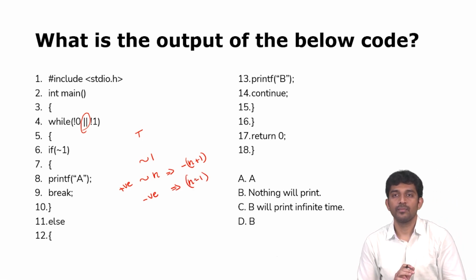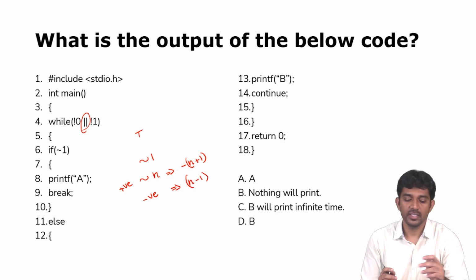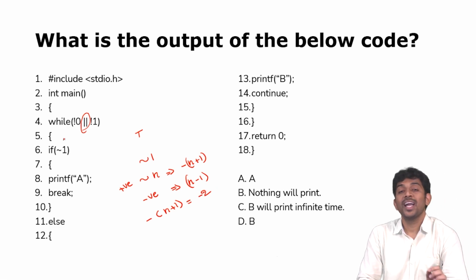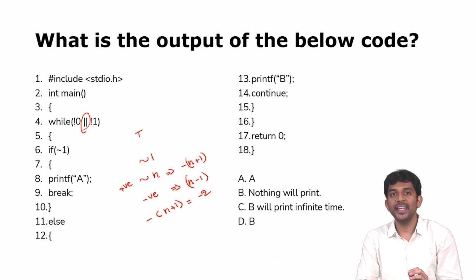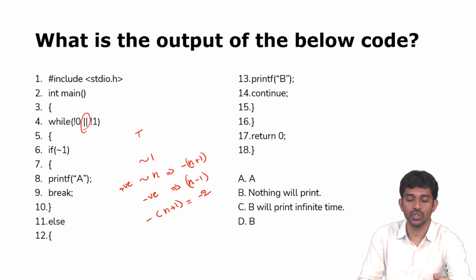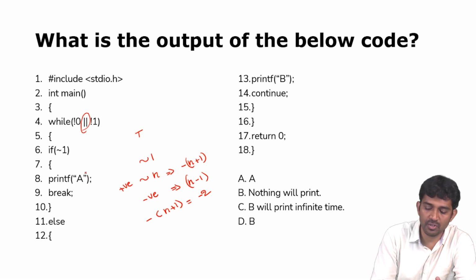See, what is the value here? 1. If you apply negation, minus of n plus 1, then the result is minus 2. Other than 0, anything is true in the if condition. So minus 2, the condition is true. When the condition is true, it comes to here and prints A. After that, it executes the break.